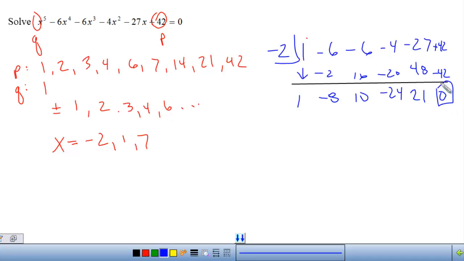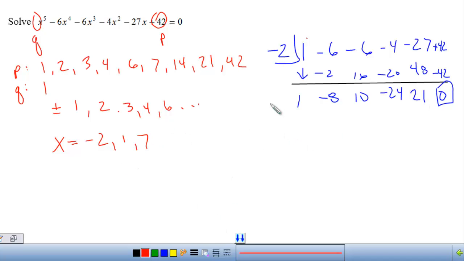So again, remember your remainder theorem says if I get this 0, then this must be a root. So that's your factor theorem. And then I've actually compressed this polynomial, and I now have 1x to the 4th minus 8x cubed plus 10x squared minus 24x plus 21. Sorry, this should be a 4th, 3rd, 2nd.